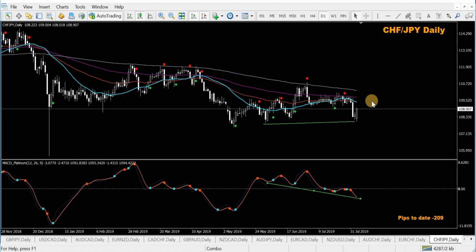There might be a couple other pairs I'll do the same thing with, but for the moment, this is the first one that the Mod MACD part of the combo has been removed. So as you can see, I've just started drawing my trend lines for divergence in again. But again, just need confirmation. It's an ugly pair to trade sometimes.